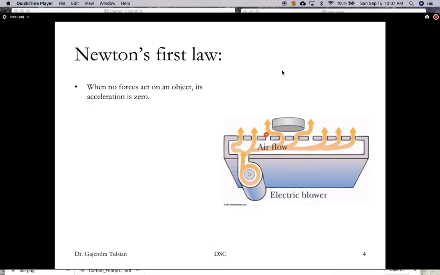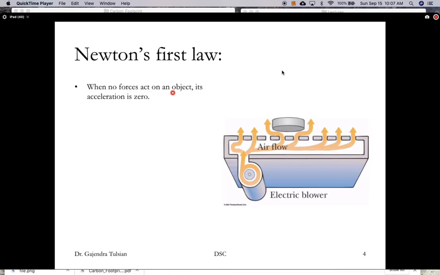You shoot the puck, and once you shoot it, it maintains its constant velocity till it hits the side of the table or something like that. So in principle, if you had an infinitely long table, that puck would keep going forever, ignoring the little friction. That's the statement of Newton's first law.